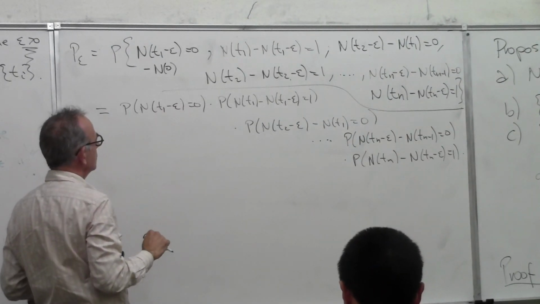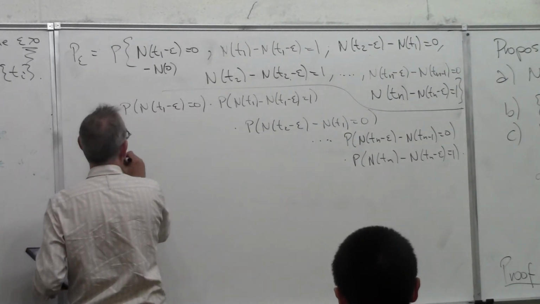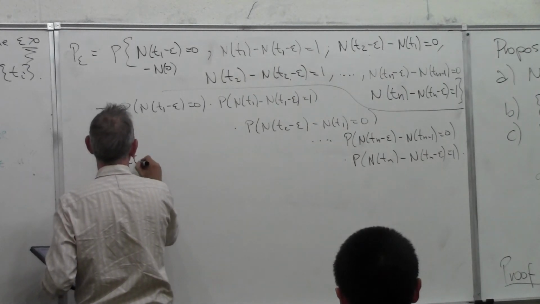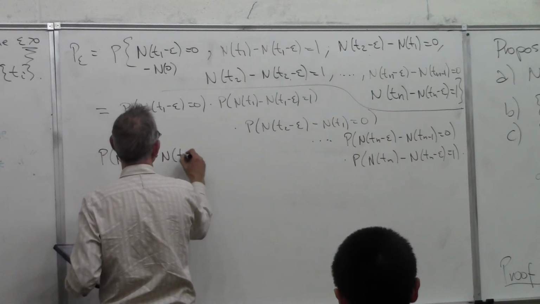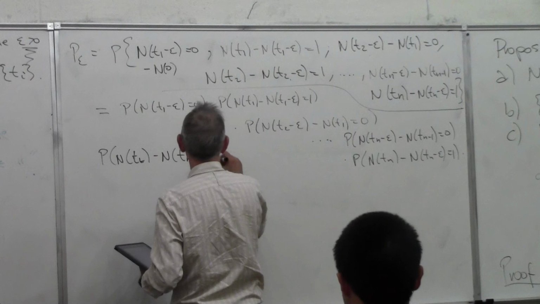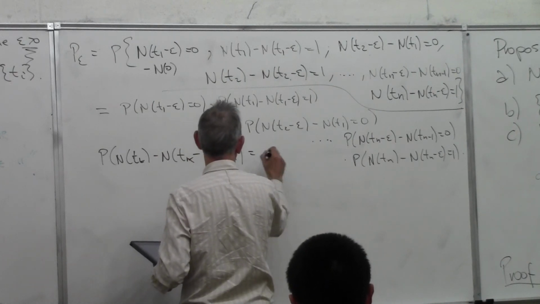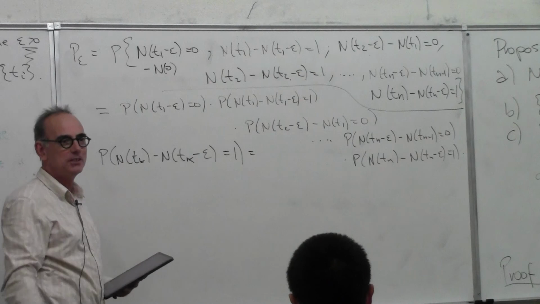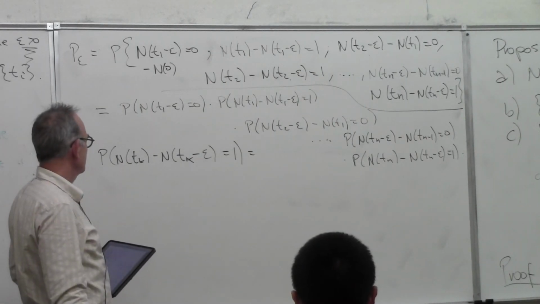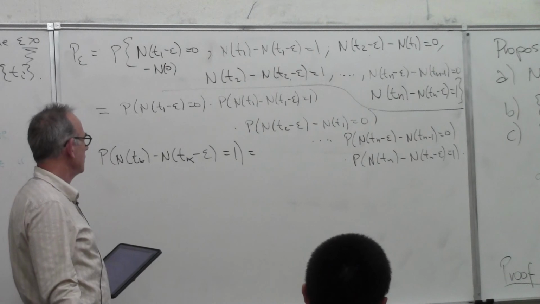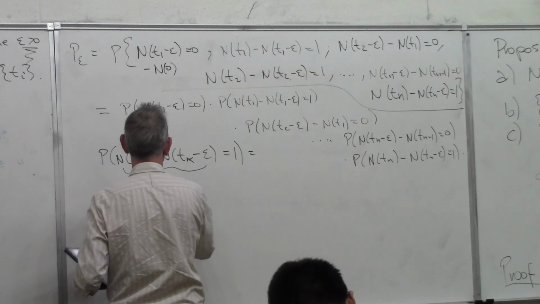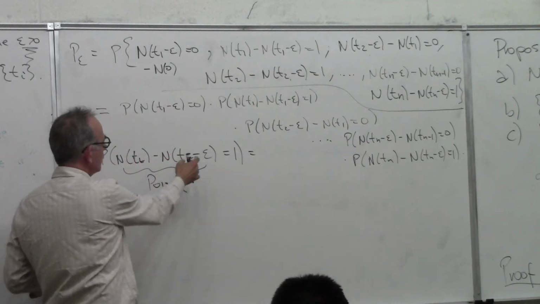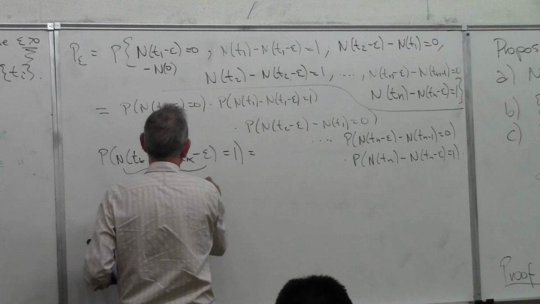So I've got to work out what these guys are. What's the probability that N of tk minus N of tk minus epsilon equals 1? This is what I was saying. I wish I hadn't erased that definition. So this is Poisson with parameter which is the length of the interval, epsilon, times lambda.